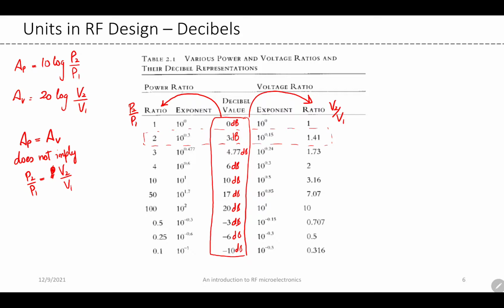There are some numbers which we need to remember. For example, the number 3 represents a power ratio of 2. If you want to say that the power doubled, you add 3 to the decibel value.